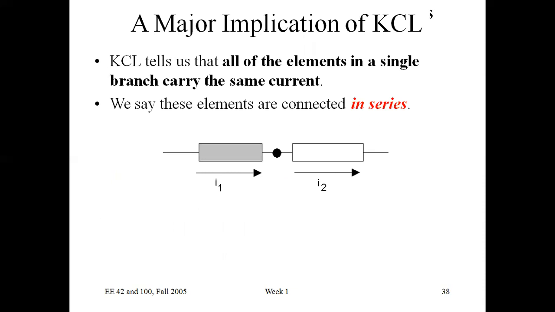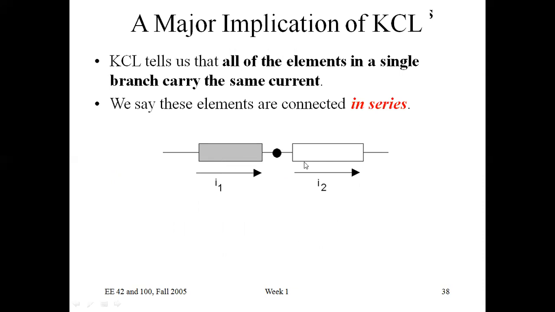Then the implication, we will see the major implication of KCL. KCL tells us that all the elements in a single branch carry the same current. No doubt, if a branch is the same and a number of different elements are there in that branch, then also the current flowing through those elements is the same current. So we say that these elements are connected in series.